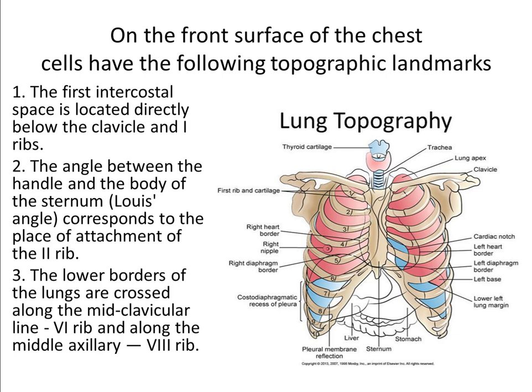The lower borders of the lungs cross the mid-clavicular line at the 7th rib and the middle axillary line at the 8th rib. Mid-clavicular, 7 and 8.